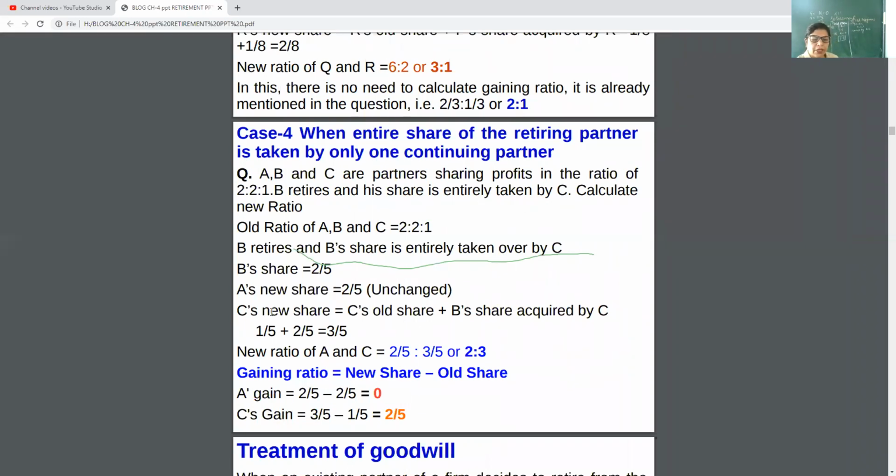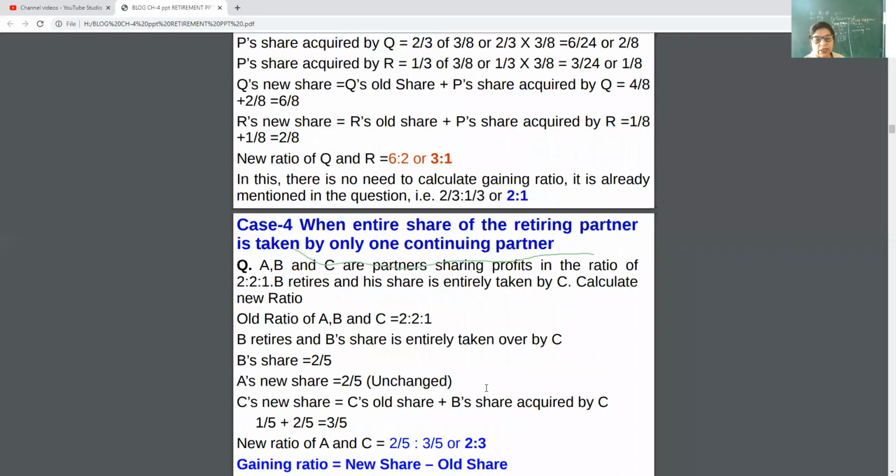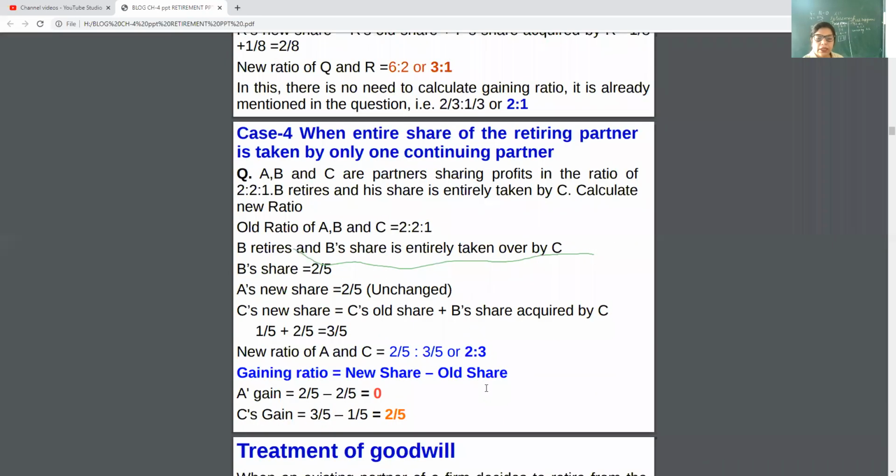And how do we calculate the new ratio? Same formula, old plus gain. Now only two partners are there, A and C. Then who is gaining? Only C is gaining because A's gain is 0. So here you can write only C is the gaining partner. These are the 4 cases, but generally the fourth case is not separately mentioned. It is part of method C.